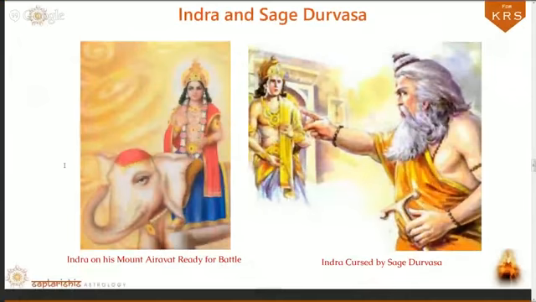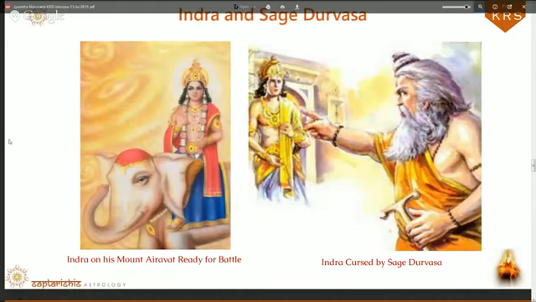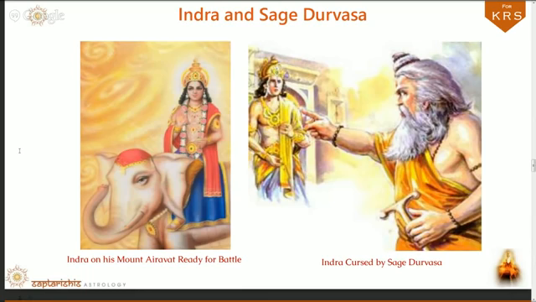This is another mythology about Indra being cursed by sage Durvasa. Sage Durvasa was a very short-tempered sage. In his meditative state of ecstasy, he starts traveling the earth, and he meets a celestial nymph, Vidyadhari.